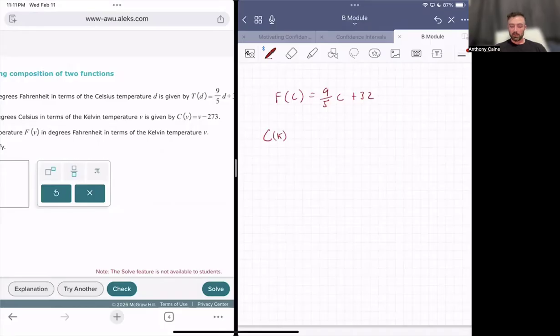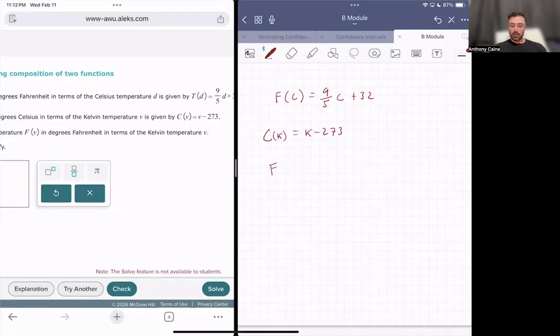I'm going to use K for Kelvin, is equal to K minus 273, right? That's not right. It should be plus, right? Because 0 Kelvin is negative. Oh, no, that is right. Wow. 0 Kelvin is negative 273.15 degrees Celsius, right?